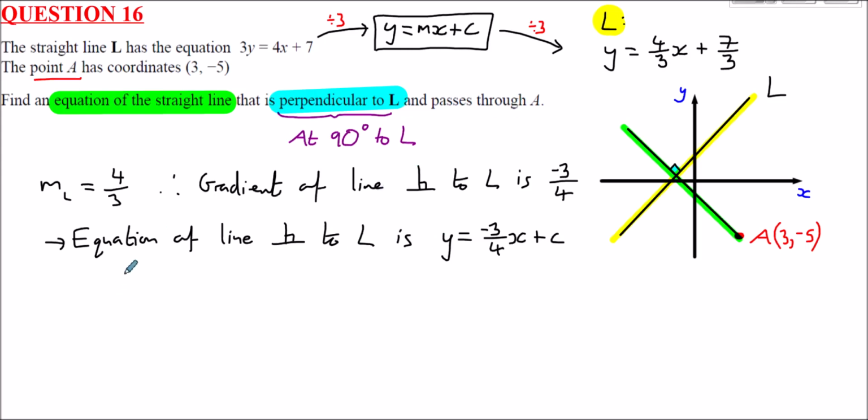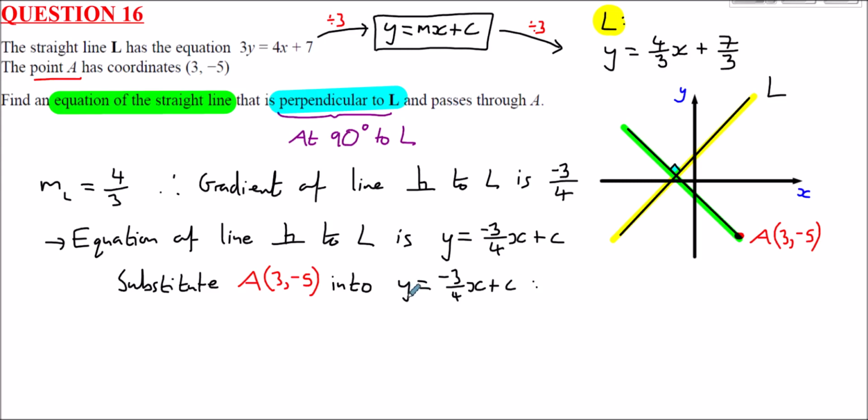So what I can do here is substitute A, which is (3, -5), into the equation y = -3/4 x + c.